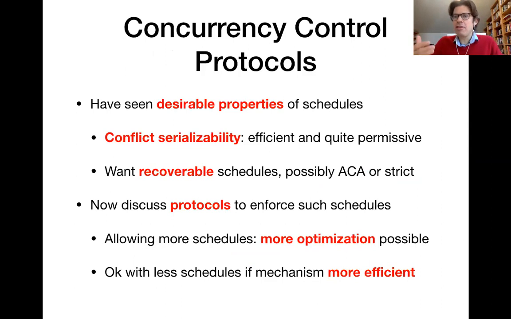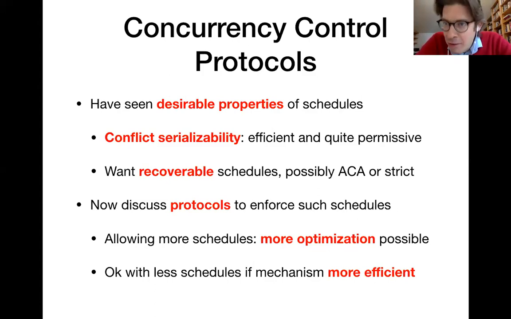So to the users, it looks as if everything executes serially, one transaction after the other. On the other side, conflict serializability has the nice property that we can quite efficiently verify for a given schedule whether it is conflict serializable. And efficiency is very important, since concurrency control happens at runtime. So we do not want concurrency control to become the bottleneck. So we want conflict serializable schedules.